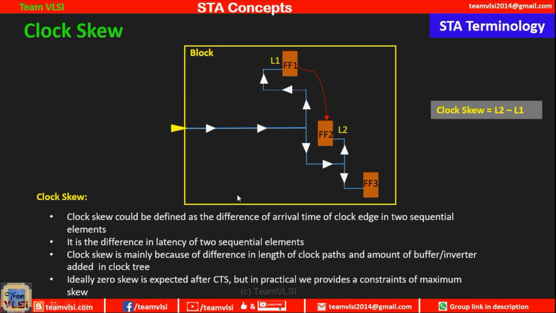If the clock tree is ideal, the latency of all the flops would be equal, so the skew would be 0, but in practice it is not possible. So we provide a constraint of maximum skew when we build the clock tree; in the clock tree specification file, we provide the maximum skew.